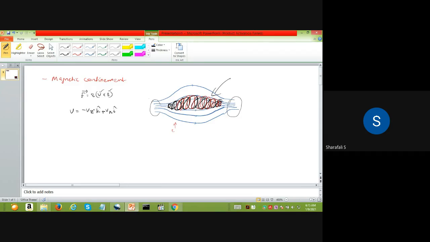So if you consider the axes like this, we have to take X, Y, and Z axes.